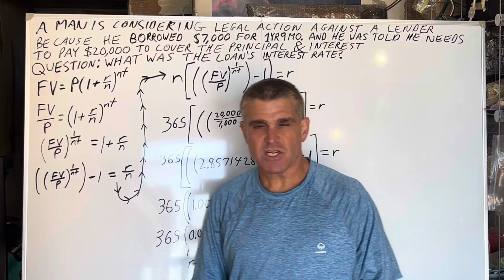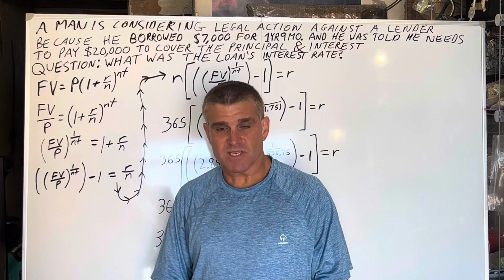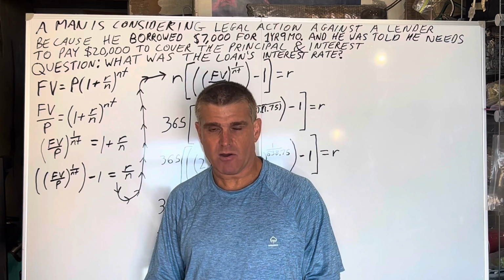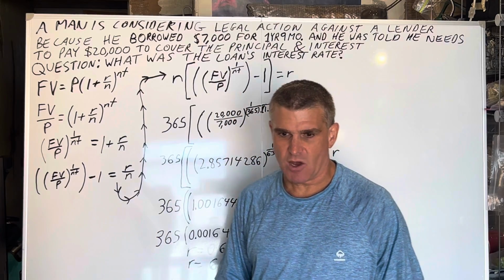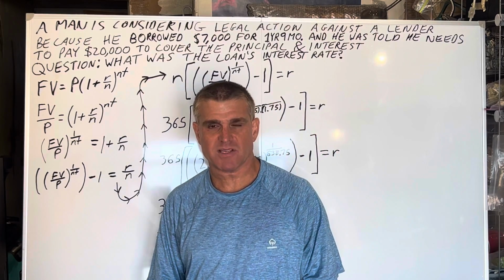Also, in addition to all this, the lender says the interest will compound daily. But he doesn't say what the interest rate is. He just says, oh yeah, the interest looks a little high because it compounds daily.